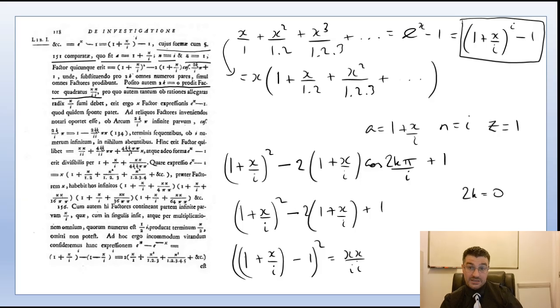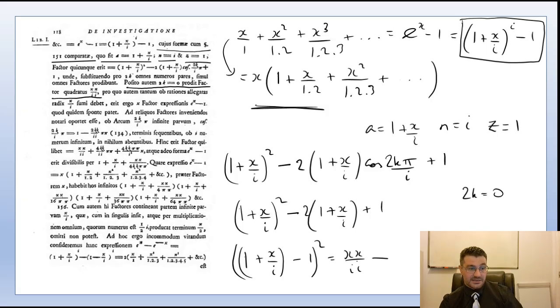But because of our little adjustment that we need to make, we can see that xx over I is not a quadratic factor of (1 plus x over I) to the power of I minus 1, because we know that this is also equal to x times whatever's in this bracket here.